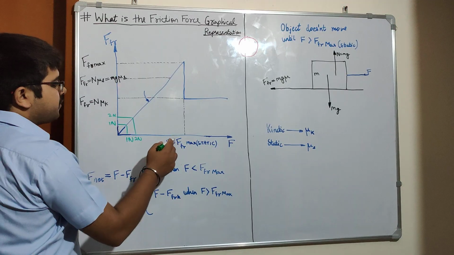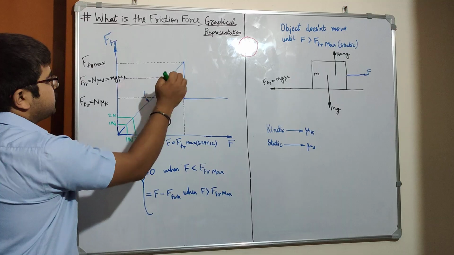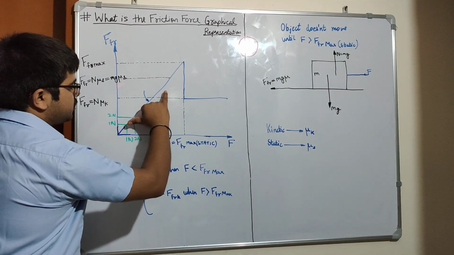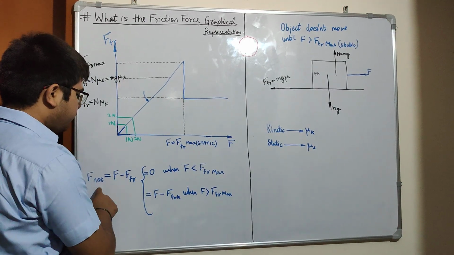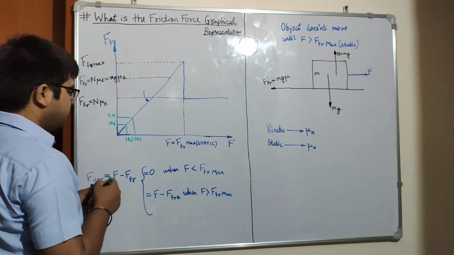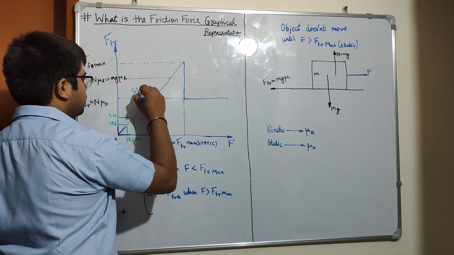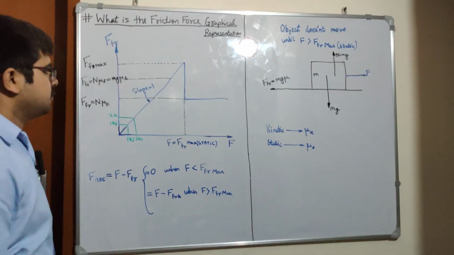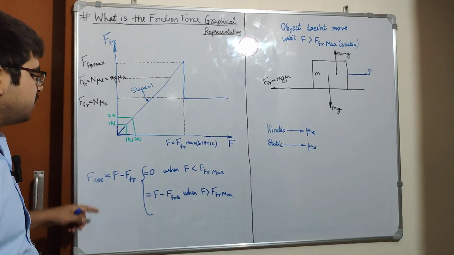When F is smaller than Fr max, that is, when we are in this portion, then the F net will be 0. That is, the slope of this graph is 1. That's the case with the graph here.